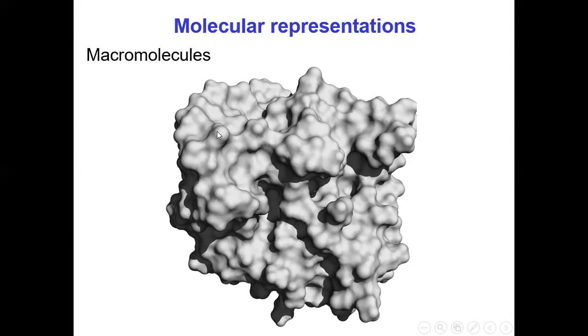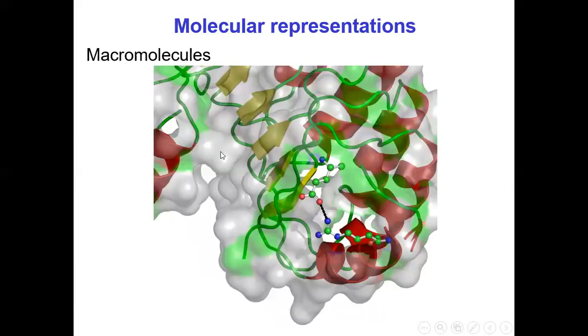So this is a surface representation, but usually we use a combined type of representation in which we show different elements using different types of representation and all in the same image. So in this case, we want to see the general architecture of the protein, its general shape, but we also want to see the binding site with the ligand of the protein bound to this binding site and at least some of the amino acids that bind it.